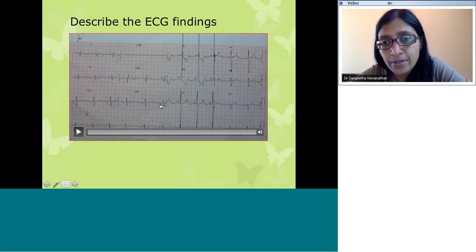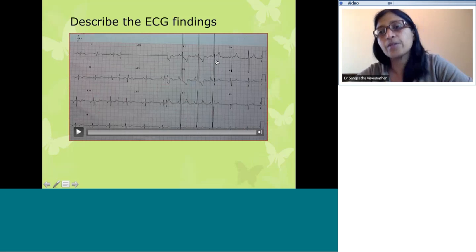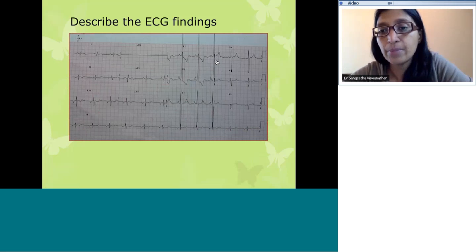Okay, low atrial rhythm and significant right ventricular hypertrophy. So this guy has got right ventricular hypertrophy.